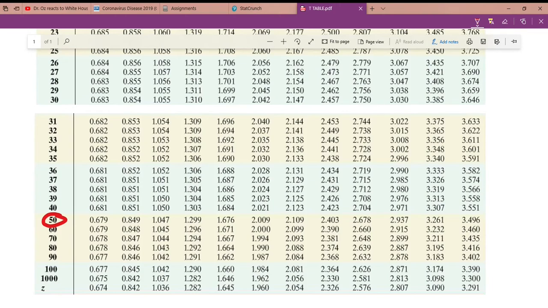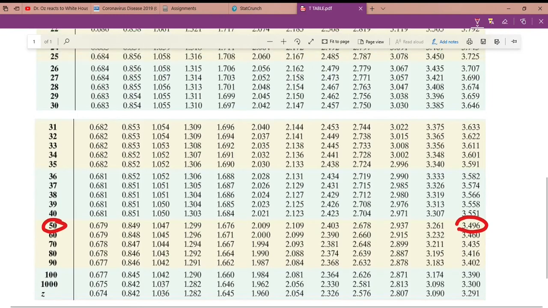Now, unfortunately, in this case, we cannot bound 3.54. These numbers at the very far right cannot bound my test statistic, but I can bound it on the lower end of 3.49. So that is less than my 3.54.